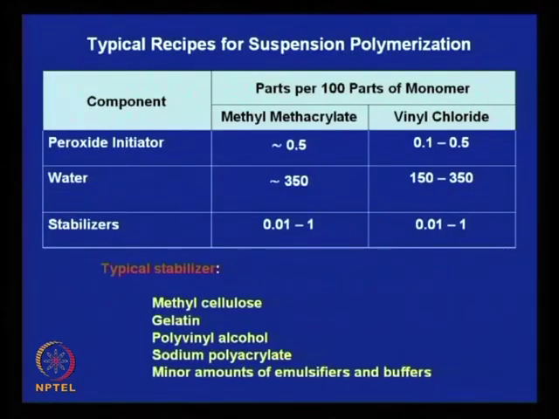Another recipe for suspension polymerization, please put your attention. Recipes for suspension polymerization for methyl methacrylate, vinyl chloride, very simple. You know what is called a recipe: ingredients and their amounts of a system.